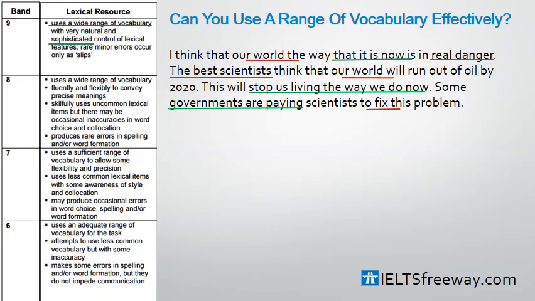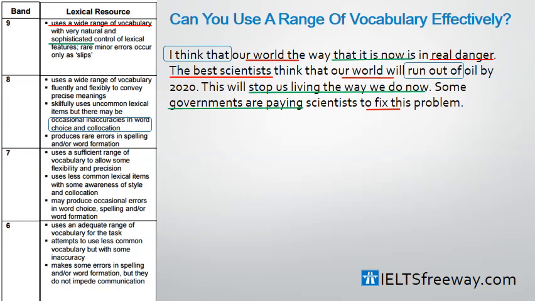And next, circled in blue in band 8, it says inaccuracies in word choice and collocation. So the first one, let's look, it says, I think that. That's not a good word choice for an academic essay. I think that. We need to change that.